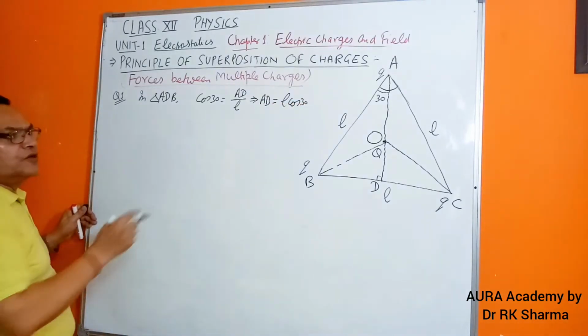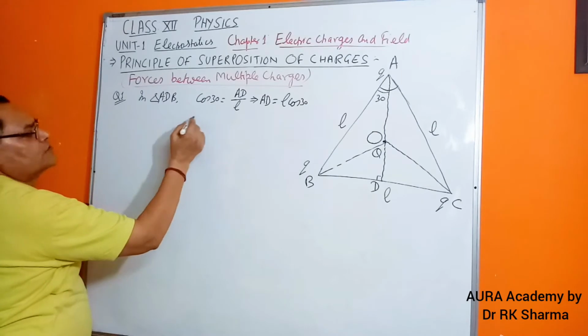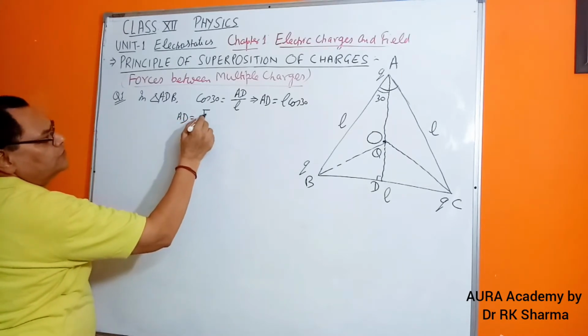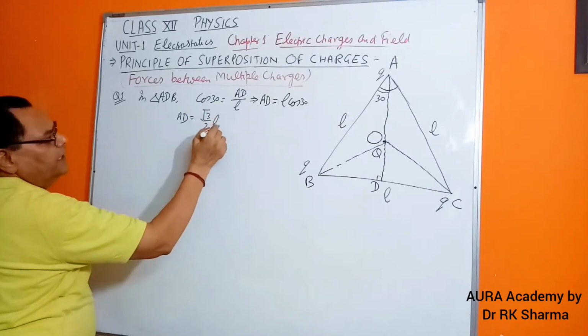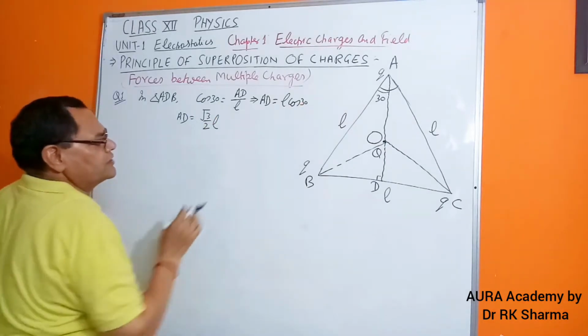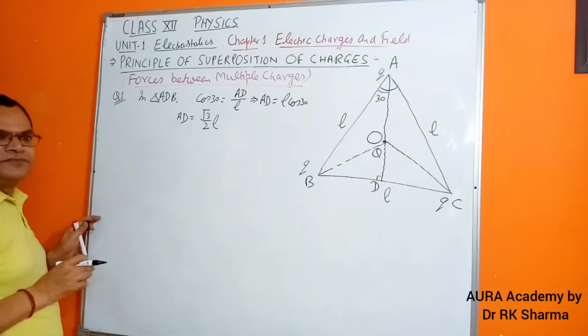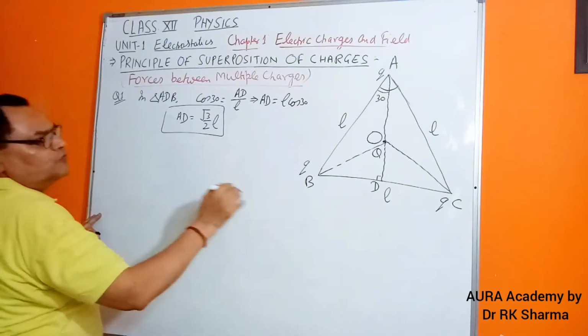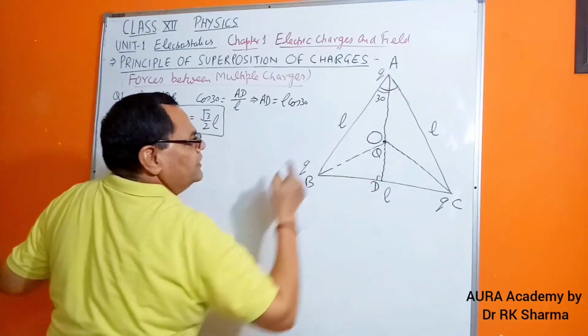And cos 30 is root 3 by 2. So therefore we are getting AD is equal to root 3 by 2 of L. I have substituted the value of cos 30, which is root 3 by 2. So this is AD actually. But what do we need? We need AO.